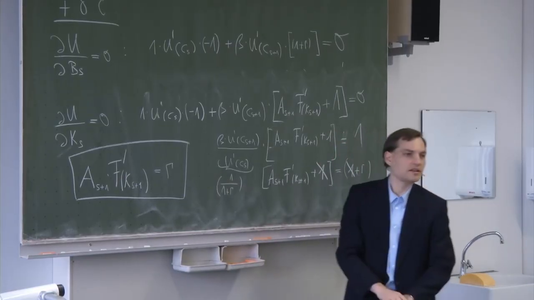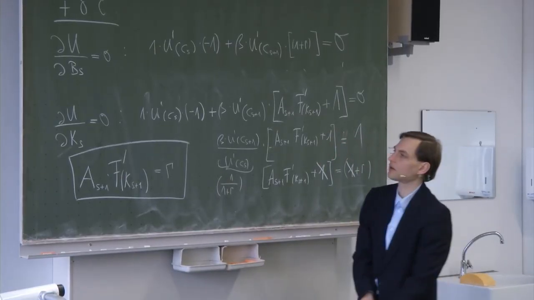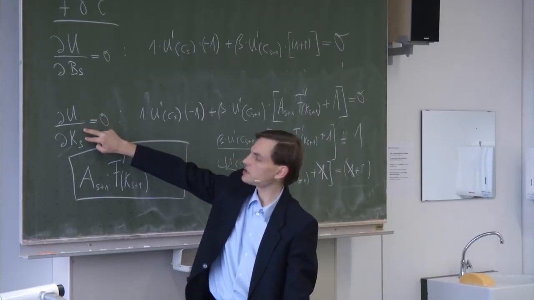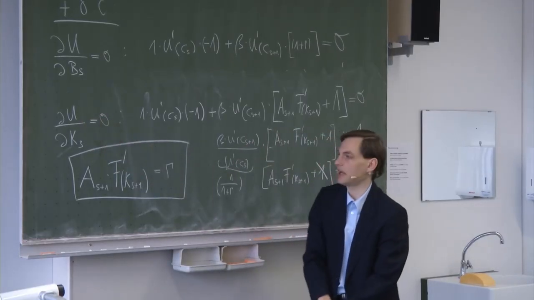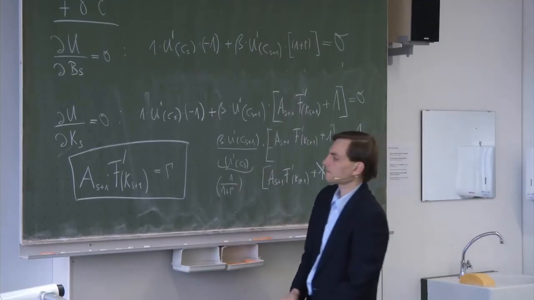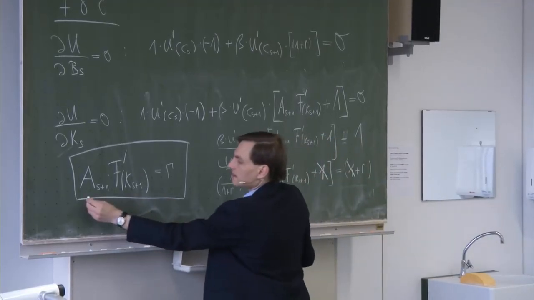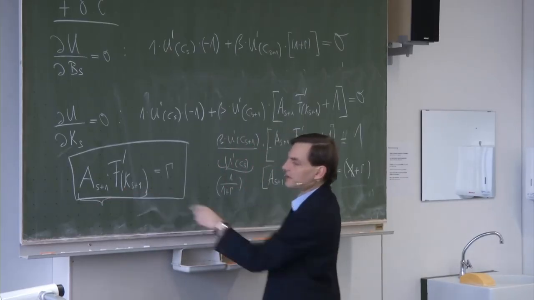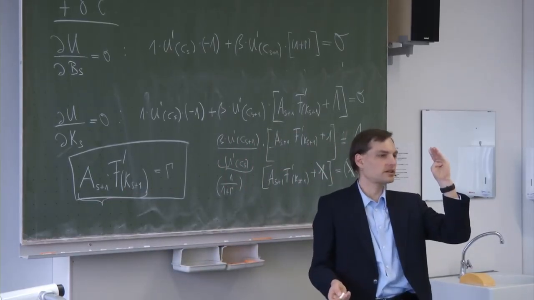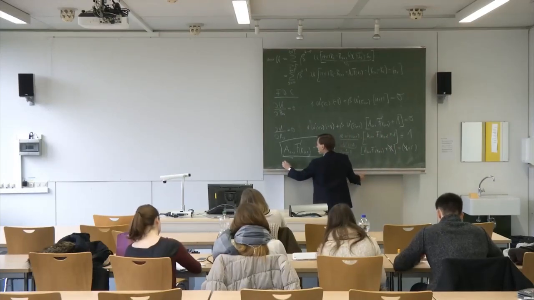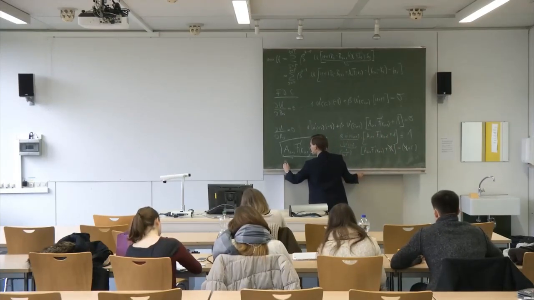So this is the optimal condition we obtain from the optimization of the utility function in respect of my capital stock at period s. So what is the meaning of this? Well, the left-hand side is the derivative of my production function.